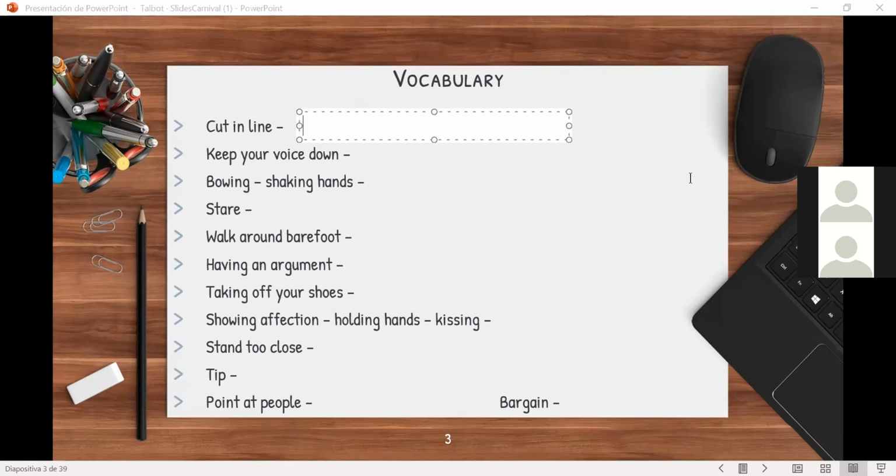Cut in line, teacher. Okay, that's the exact translation, you know.